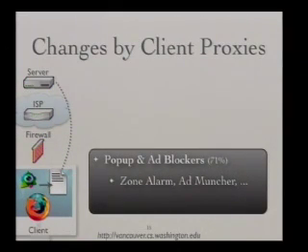OK, now most of the changes we saw, about 70% of them, were done by proxies on the client that were designed to block pop-ups or ads or other annoyances. And these were done by some personal firewall programs like Zone Alarm and CA Personal Firewall, whose normal job is to usually block connections on certain ports. But as it turns out, they're also injecting code into web pages to prevent pop-ups and some other annoyances.